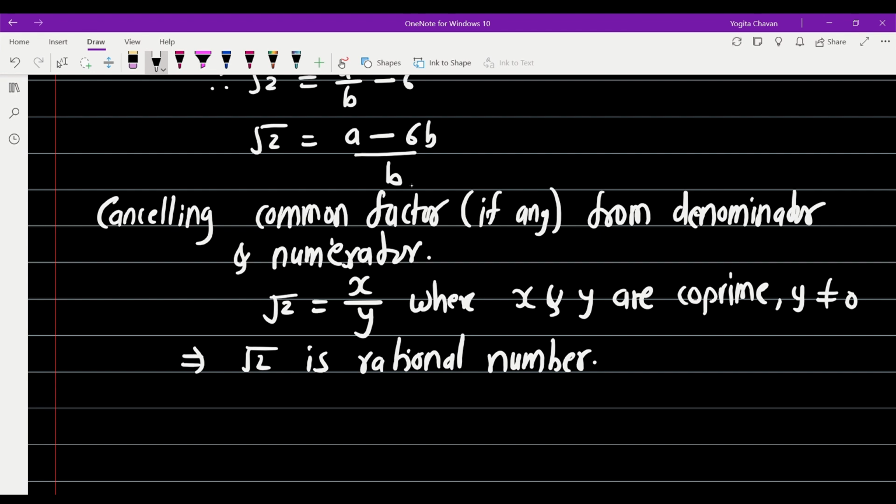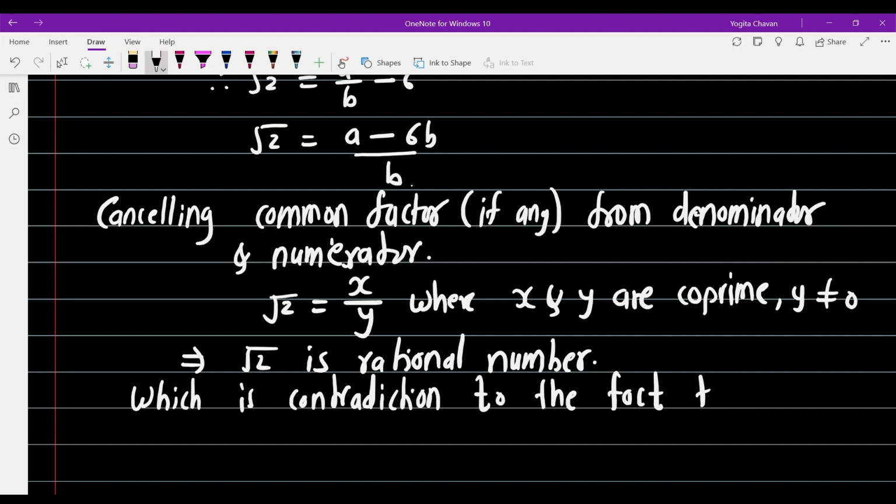So again a contradiction, which is a contradiction to the fact that root 2 is an irrational number.